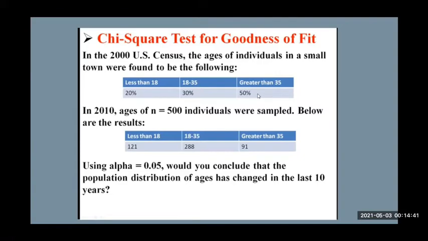In 2010, 500 individuals were sampled, and below are the results: less than 18 is 121, 18 to 35 is 288, and greater than 35 is 91. Using alpha 0.05, would you conclude that the population distribution of ages has changed in the last 10 years?